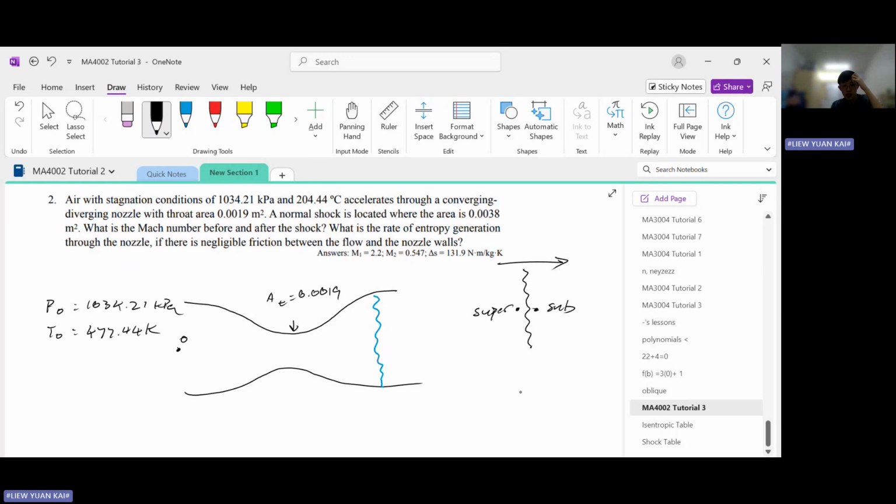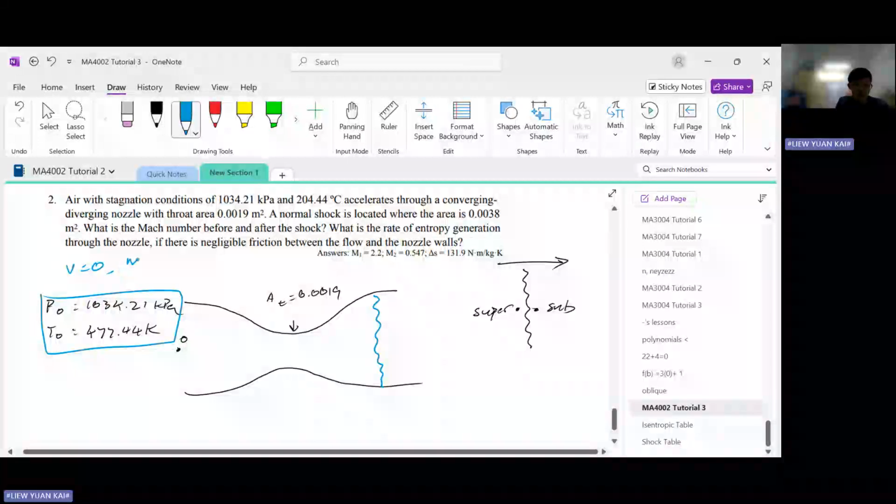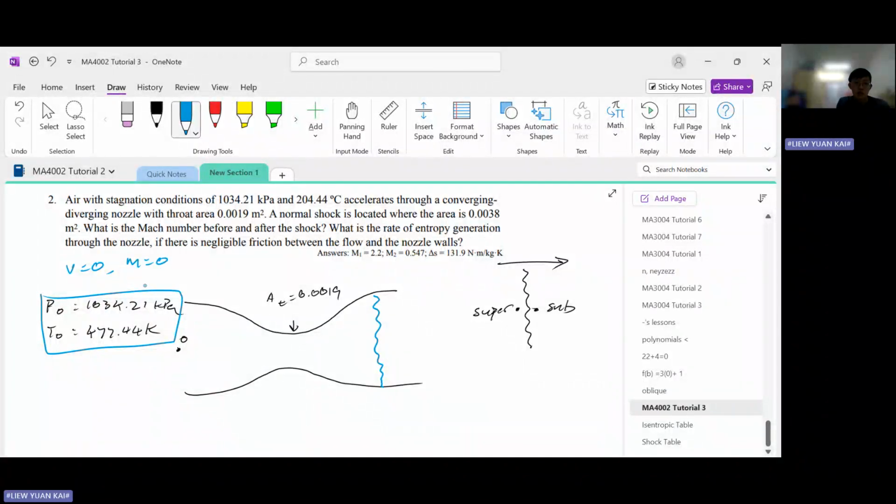And the only possibility is that this shock can occur on the diverging section of the nozzle. Why? Because look at the progression of the flow. You start out from stagnation conditions. This stagnation means velocity equals 0. In other words, Mach number is equal to 0. Mach number equals 0 means this is subsonic.